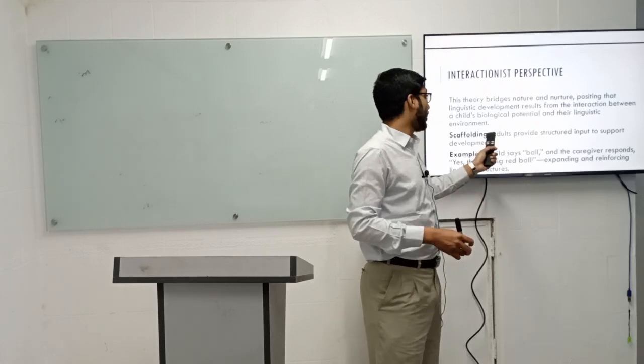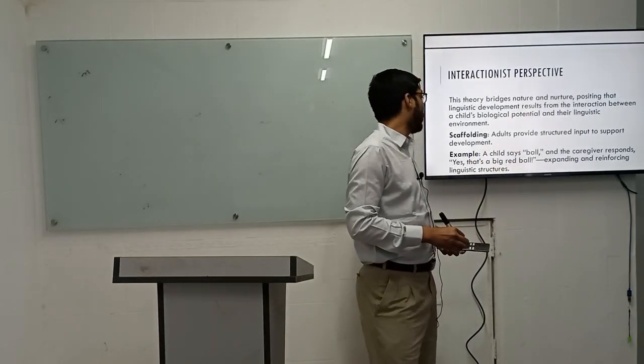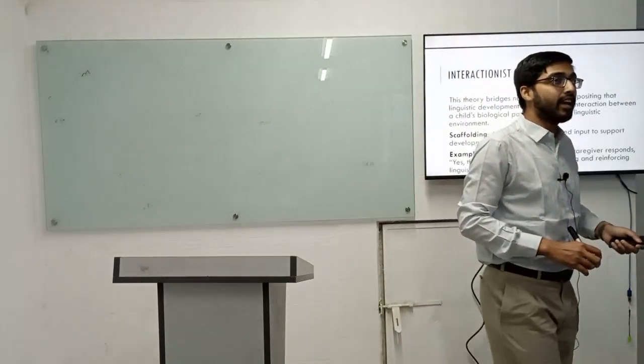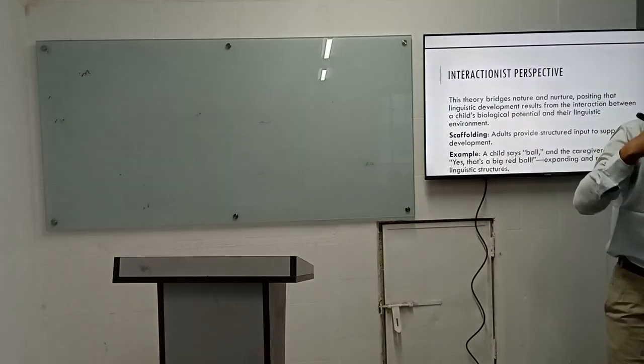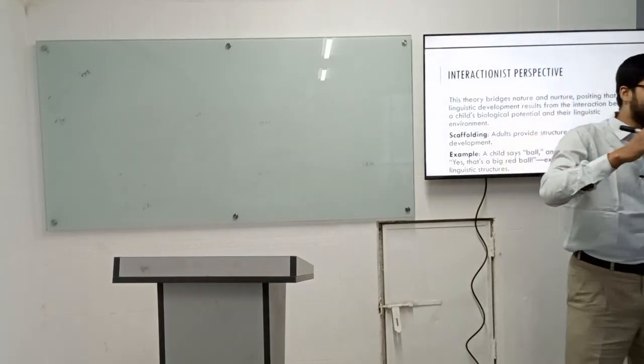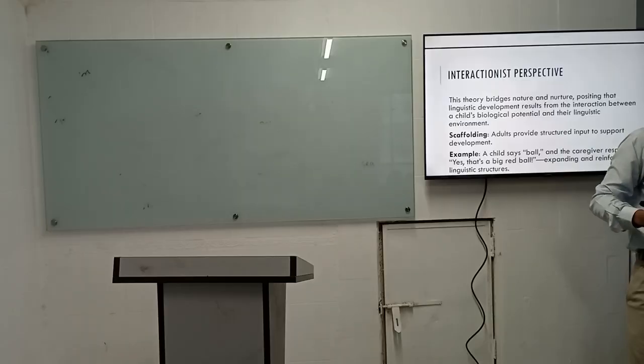Scaffolding: adults provide structured input to support development. See, they say "I goed," then we scaffold it. You cannot say "I goed"; it's "I went." "I eated" is not right; it's "I ate."